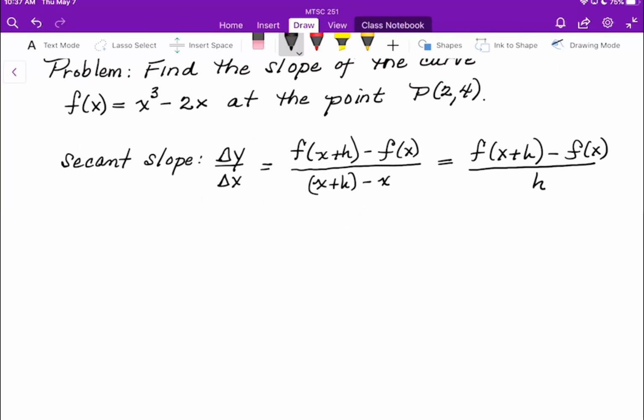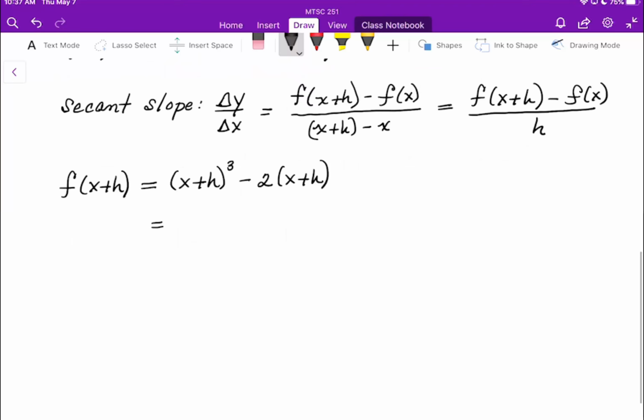So we need to first compute what is f of x plus h. F of x plus h says find x plus h cubed minus 2 times x plus h. x plus h cubed is x cubed plus 3x squared h plus 3x h squared plus h cubed.